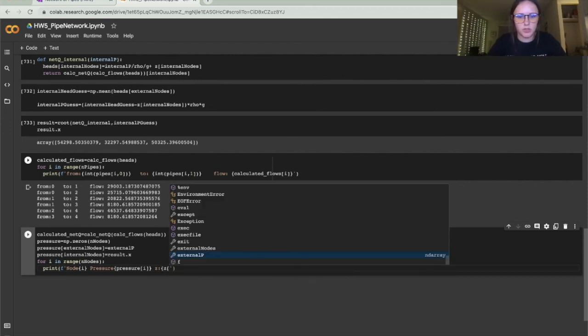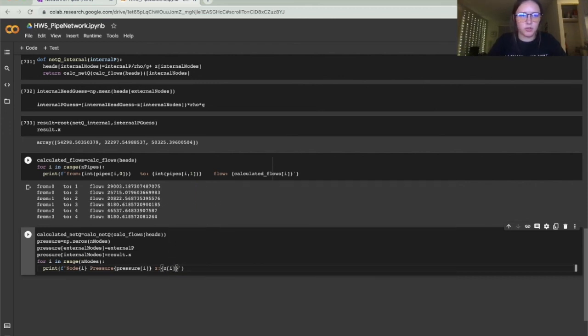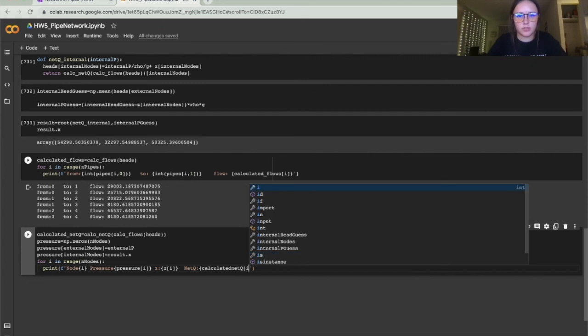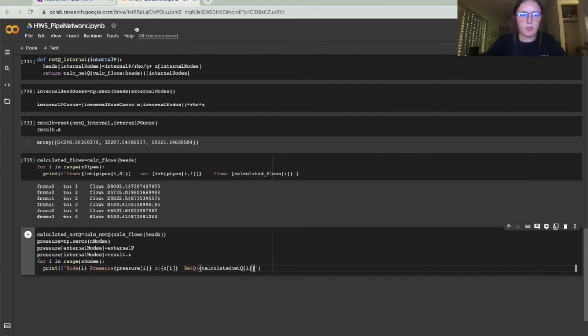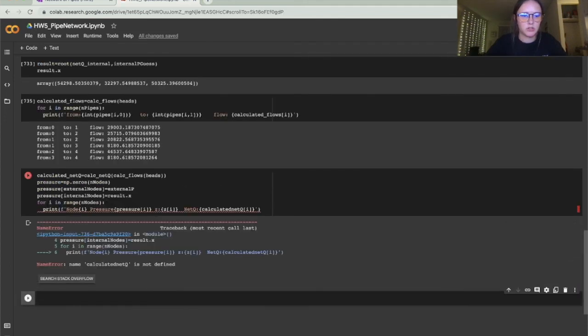That's also going to be z with regards to i, and net q is going to be equal to the calculated net q relative to i, and that should be it.